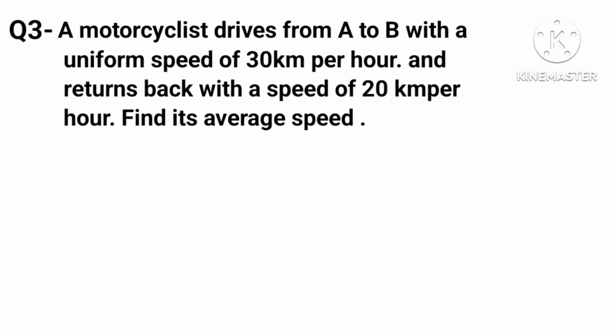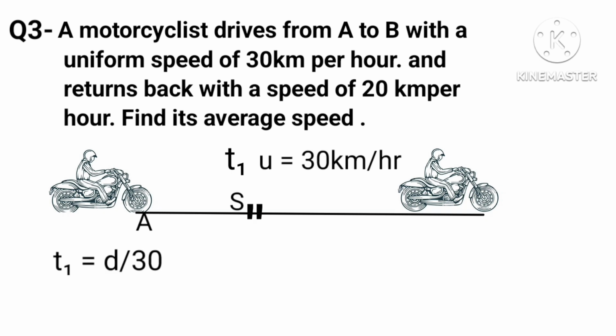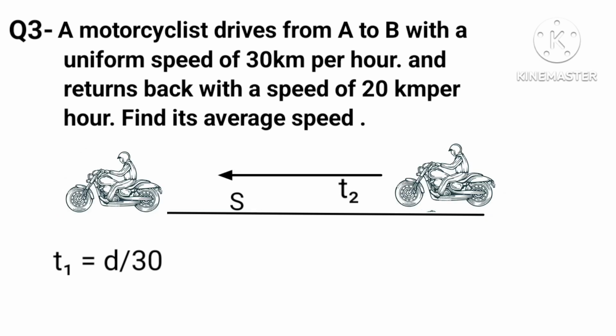A motorcyclist drives from A to B with a uniform speed of 30 km per hour, and returns back with a speed of 20 km per hour. Find its average speed. Let the motorcyclist cover a distance d. Let the time taken be t1. Speed is 30 km per hour, therefore t1 equals d upon 30. Similarly, let the time taken during return be t2.